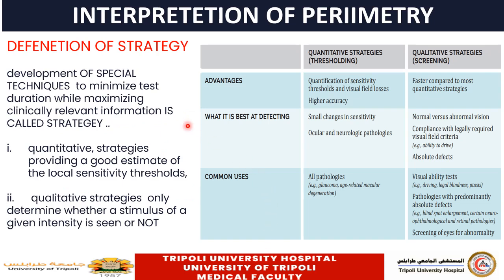Now, as I mentioned before, for the best test of the retinal sensitivity, we need to test all the retinal points and all the retinal locations, which is impractical in reality. If you want to test the whole retina, you need at least 4,800 test locations if they are 2 degrees apart with a stimulus size of 3.